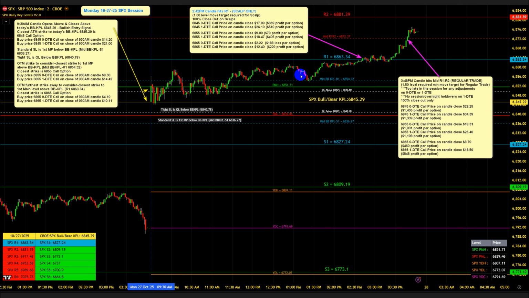Even though you're going to close them out, as we'll see in a second in this particular session, which is a good example of this situation, if you're not getting the move that you want, you're still going to be in a good position to make a decent profit if and when it hits your target during the same session.